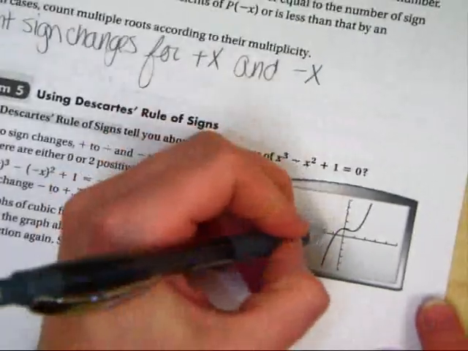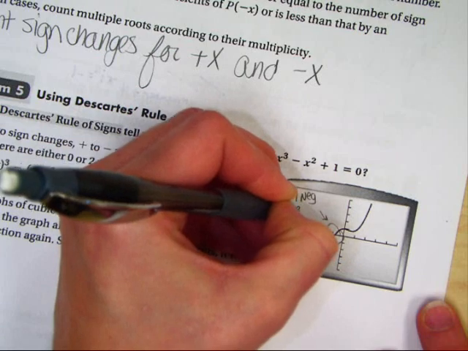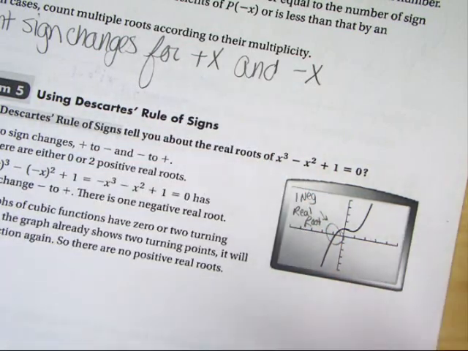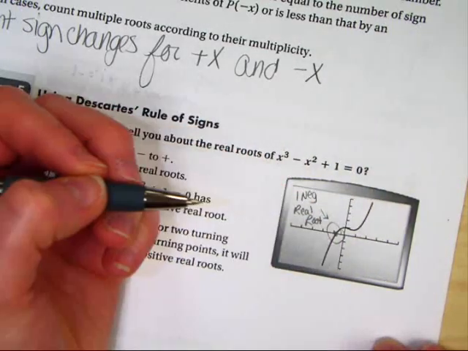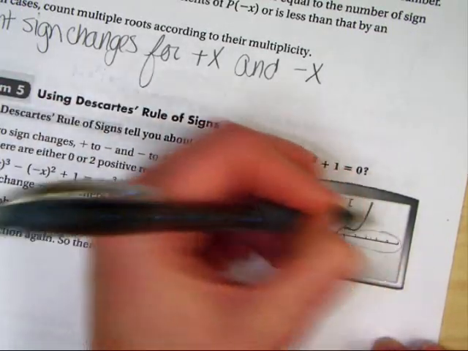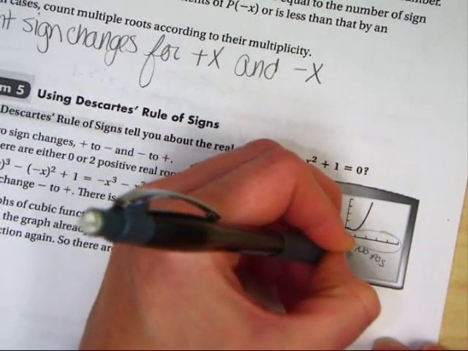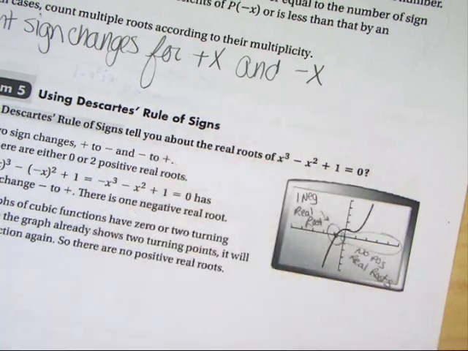I hope that you see it has one negative real root, right? Because it crosses once at that point. You see how it never crosses over here? That means it has no positive real roots because it never crosses on that side.